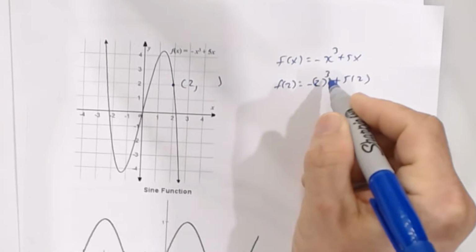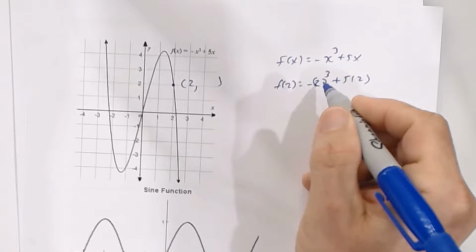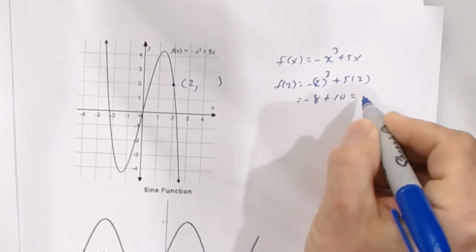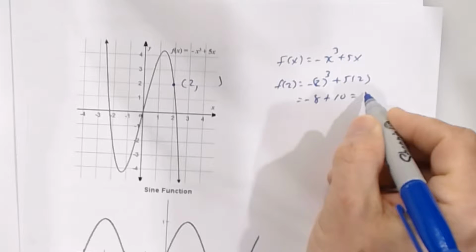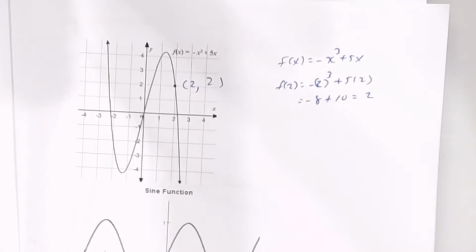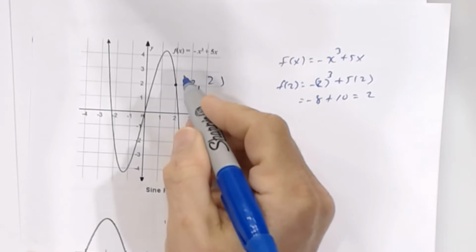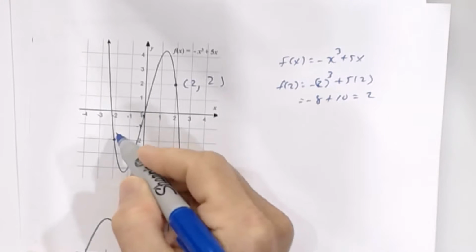What's 2 cubed? 8. So that becomes a negative 8 plus 10, which becomes 2. So we saw yesterday that if the point 2, 2 is on the graph of an odd function, then what other point needs to be on that graph? Negative 2, negative 2. Remember the idea that it's symmetrical about the origin, so this distance is the same as that distance from the origin.